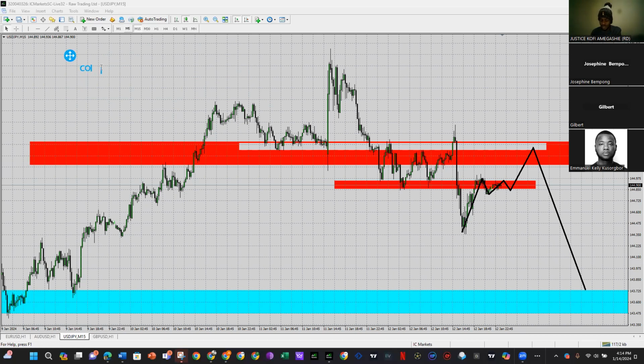Which means that when there is news about consumer spending, you should be interested in it because consumer spending is directly proportional to GDP. So when consumer spending is increasing, your GDP will also increase.